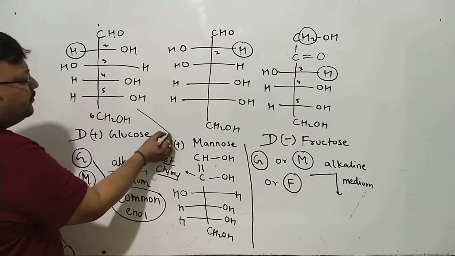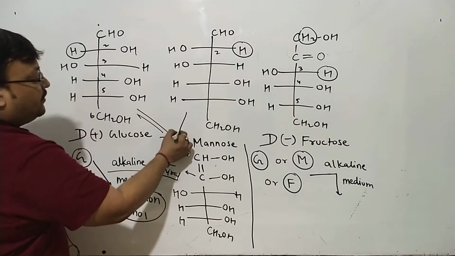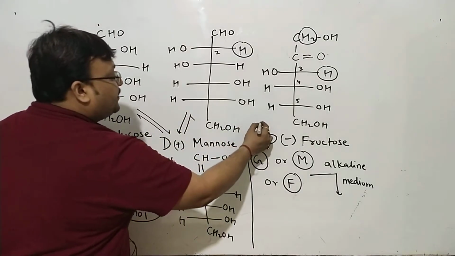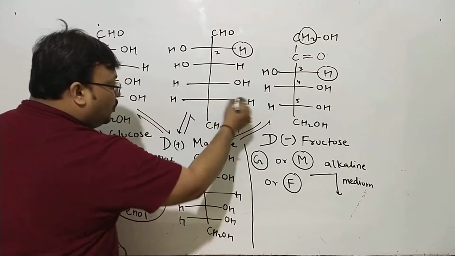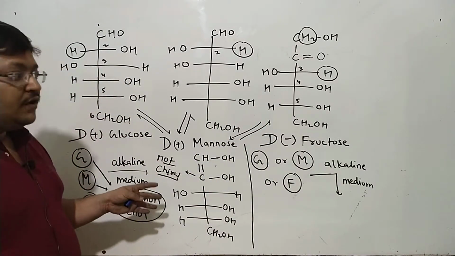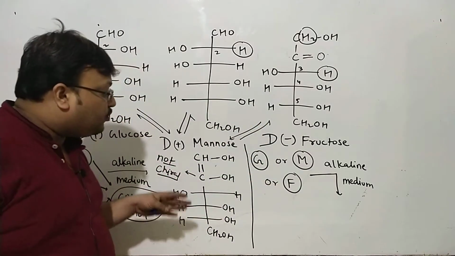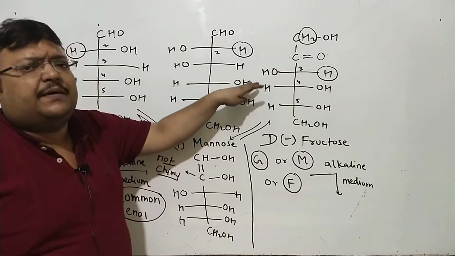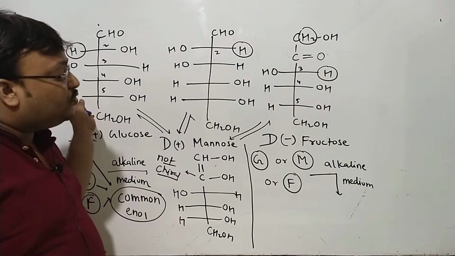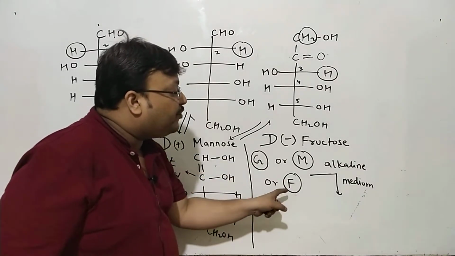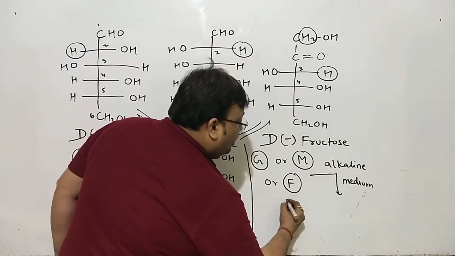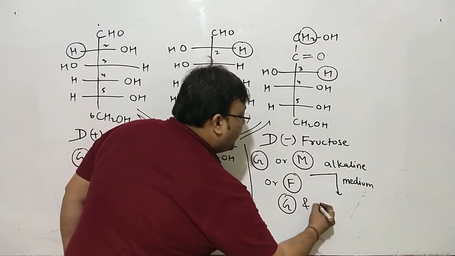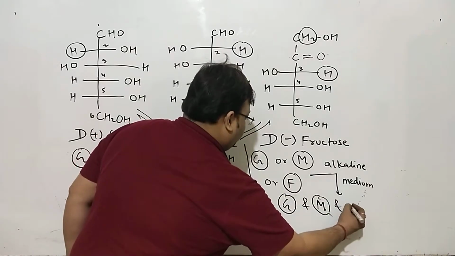This can form this, go back, this can form this, go back, this can form this and go back. All three will have a common enol. By the common enol, glucose can become mannose, which can become fructose, fructose can become mannose, mannose can become glucose. So glucose or mannose or fructose in alkaline medium will be glucose and mannose and fructose.